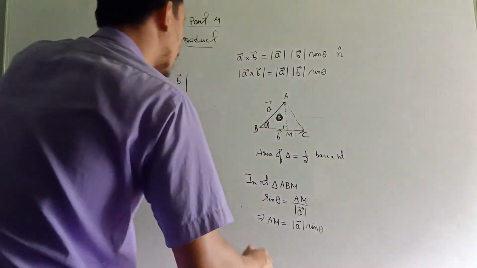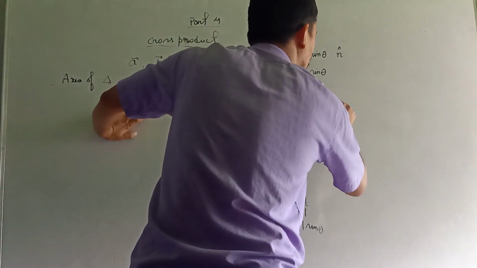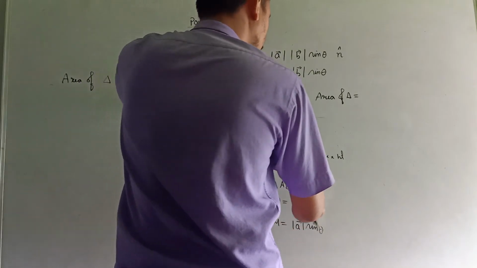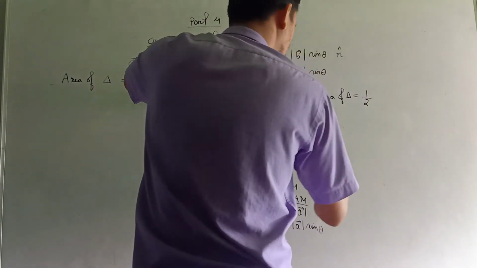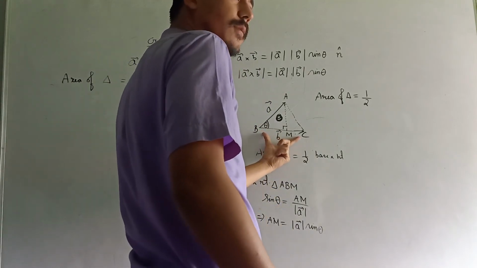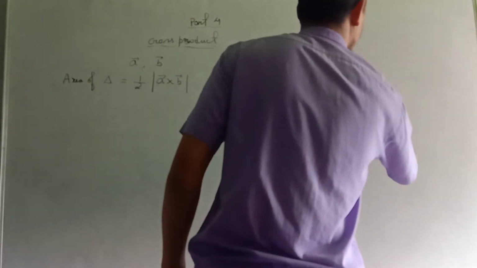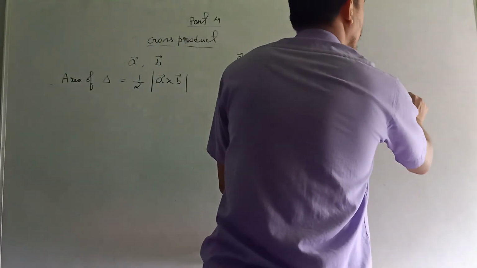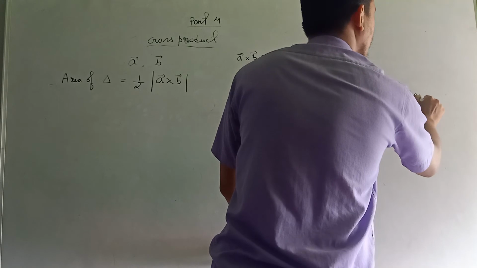So your area of triangle will now be half base into height. Base is magnitude of vector B. Height is magnitude of A times sine theta.